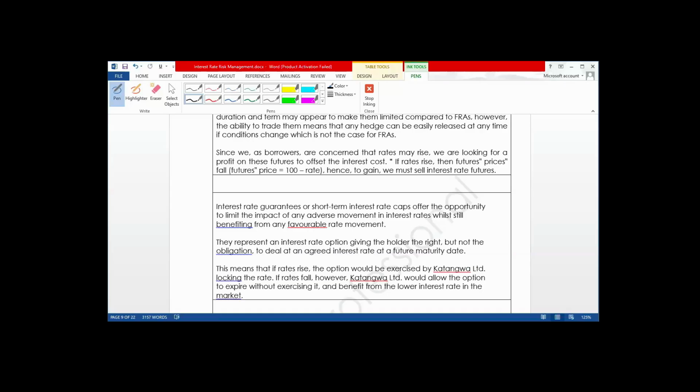This means that if interest rates rise, the option will be exercised. If interest rates should rise, you are going to exercise your rights to borrow at a reduced rate. If interest rate falls, you are going to opt out of the option contract.